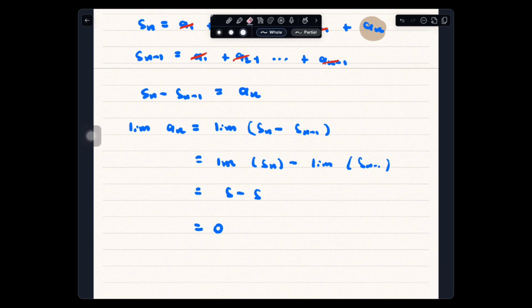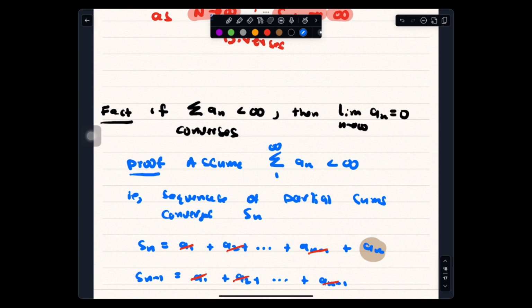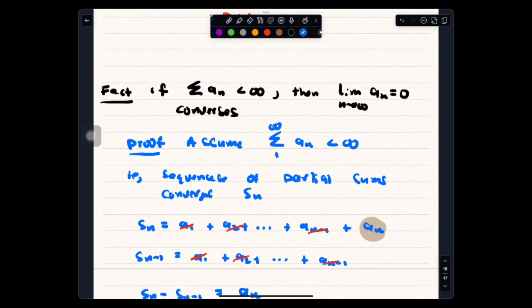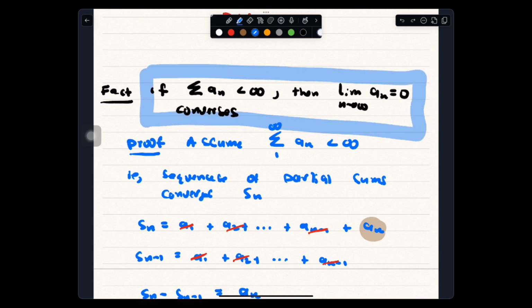Okay, so this is an important fact of the section. However, let me say this to you guys. This particular fact, which is important, is kind of useless in a direct sense.